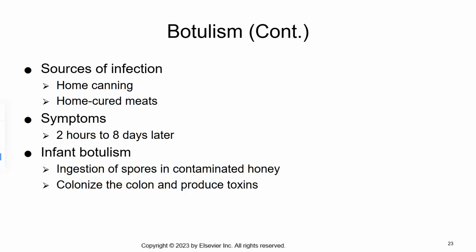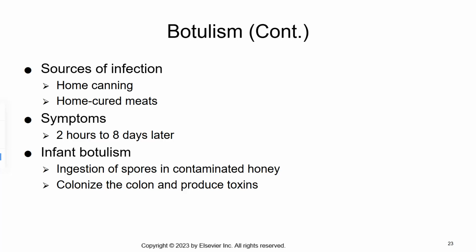Sources of infection: home canning and home cured meats. So what happens is if you don't properly decontaminate the food as you're preparing it, you put it in a can and then you seal it, and you're sealing it in an anaerobic environment. So if the bacteria was trapped inside in an anaerobic environment, it's going to grow and multiply, and it's going to produce a whole bunch of that toxin.